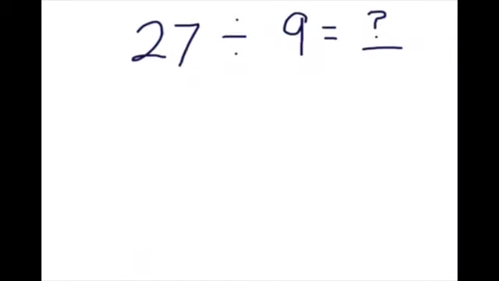Okay, here comes that time where I want you to try this problem on your own. So please make sure that you pause the video and try out this strategy on a separate piece of paper, or if you have a whiteboard at home with a marker, you could try this problem out and see if your answer will match mine. 27 divided by 9.